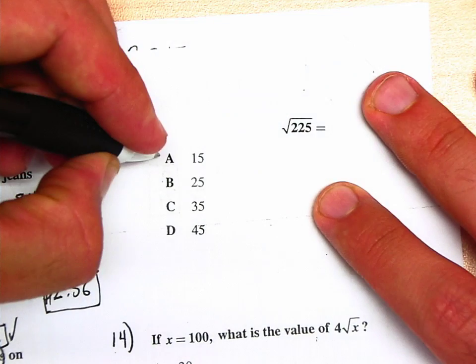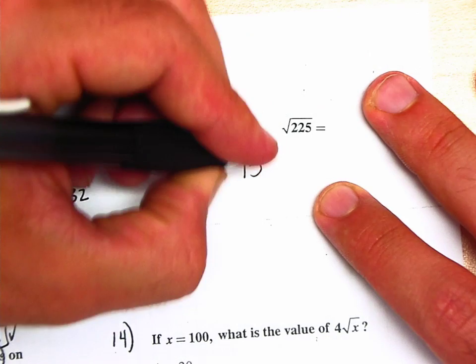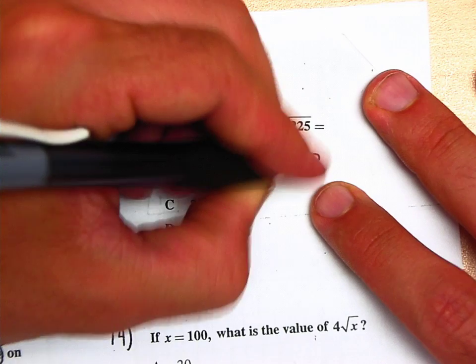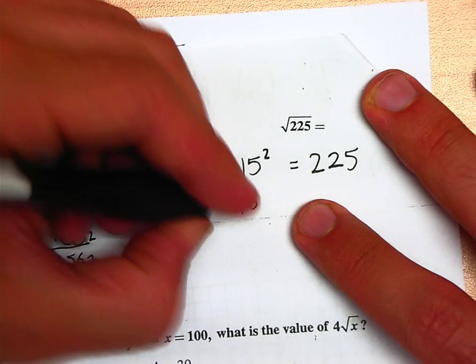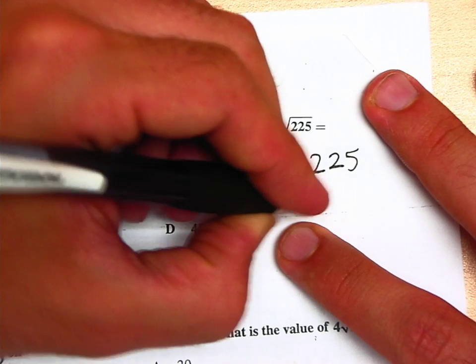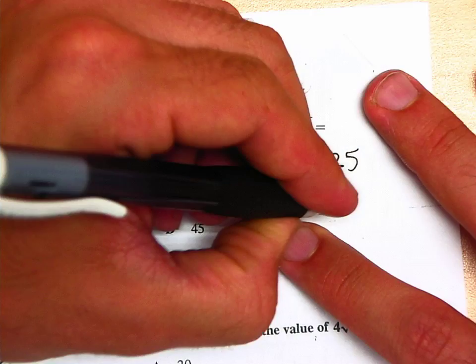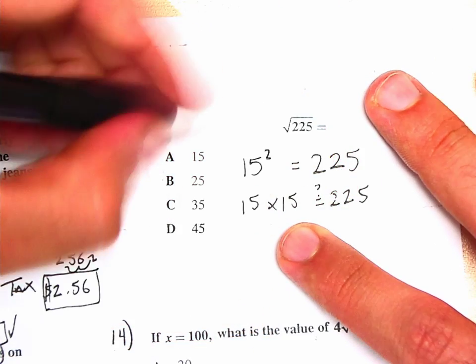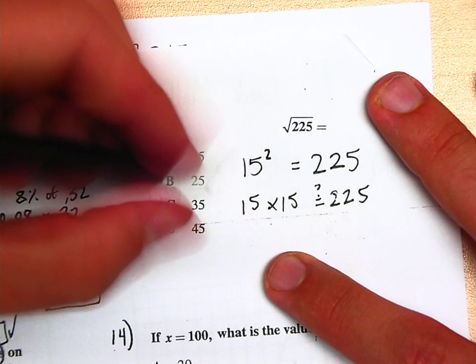And so, okay, if A is the right answer, 15, that must mean that 15 squared would equal 225. So if A is the right answer, I need to figure out, does 15 times 15 equal 225? If it does, I know 15 is the right answer. If it doesn't, I'll go on to the next one.